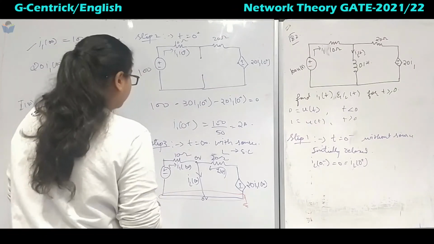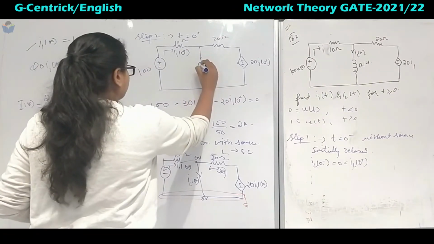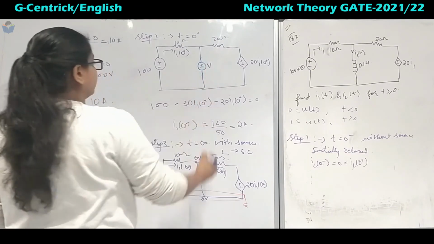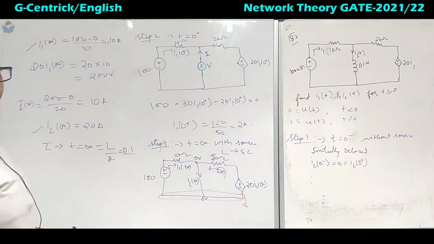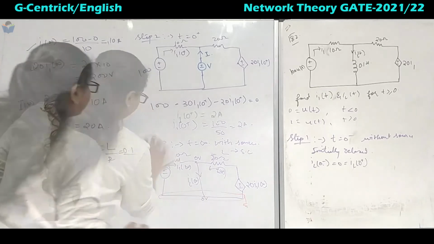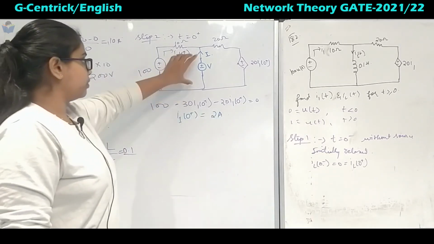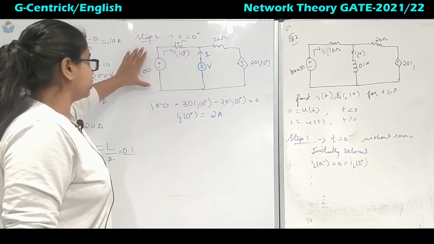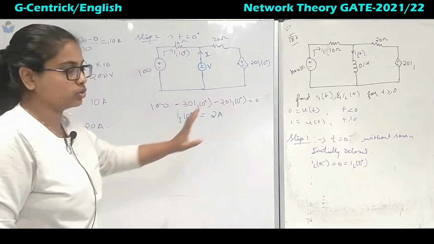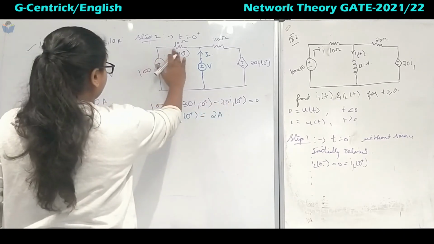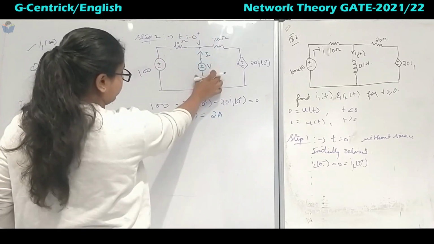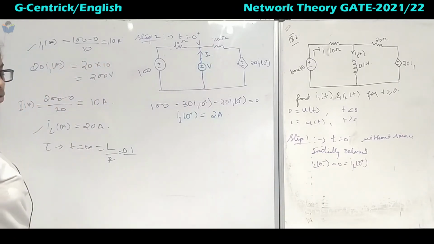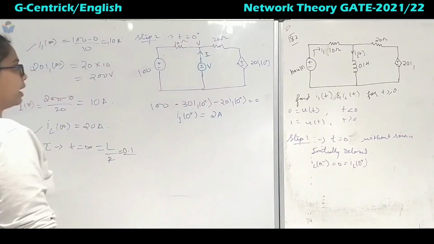We will introduce a voltage source here, that is V, and the current through it is I. Now we have here 100, and I1 of 0 plus is 2 ampere. We will take this as V, because there is only one voltage source between the reference and non-reference node, so V appears here.